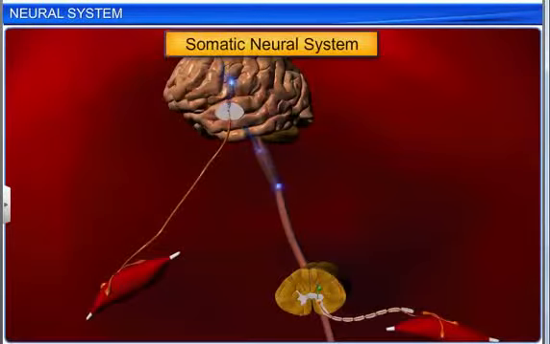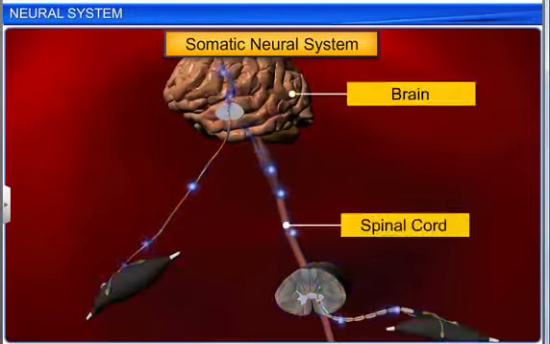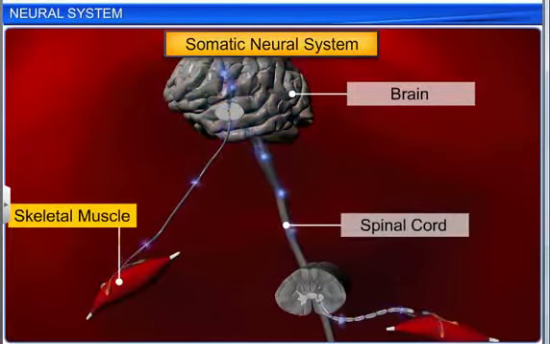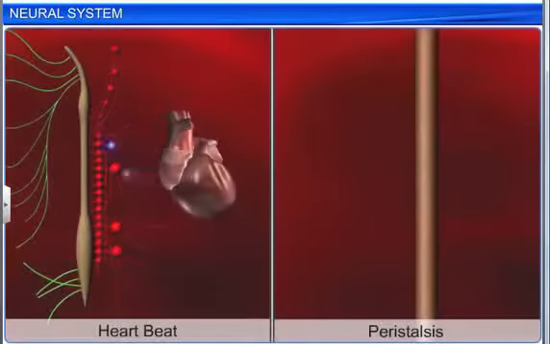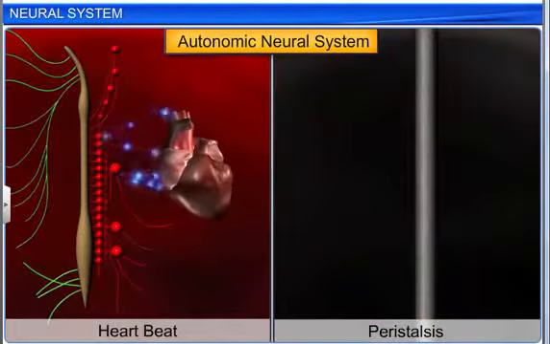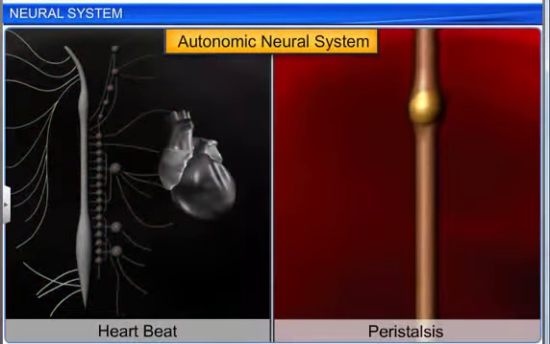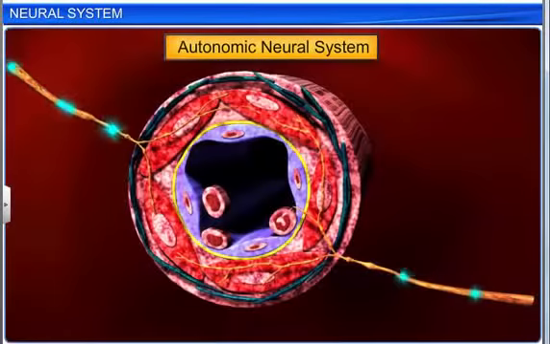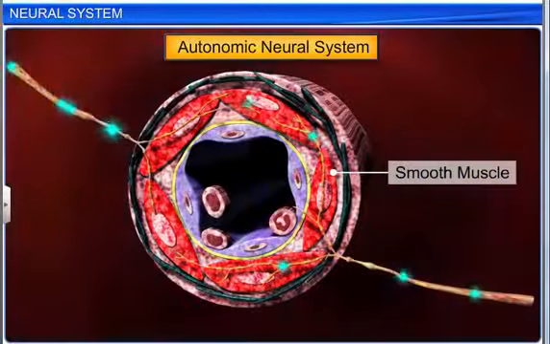The function of the somatic neural system is to relay impulses from the central neural system to the skeletal muscles. The autonomic neural system controls involuntary functions such as heartbeat, peristalsis, etc. This is because the nerve fibers of the autonomic nervous system extend up to the visceral organs and smooth muscles of the body.